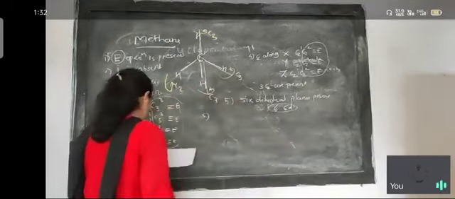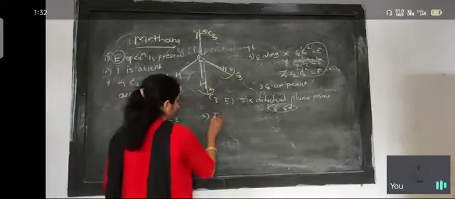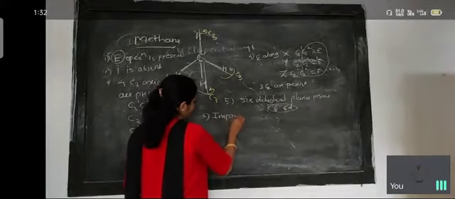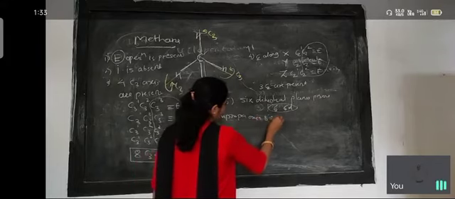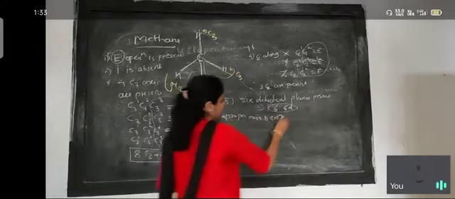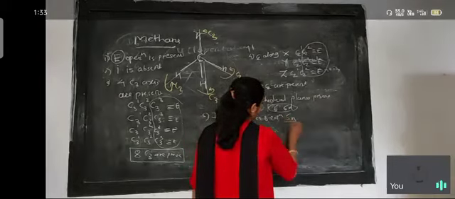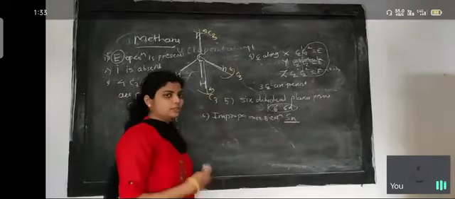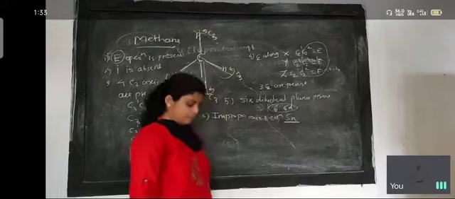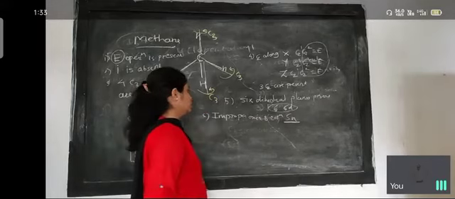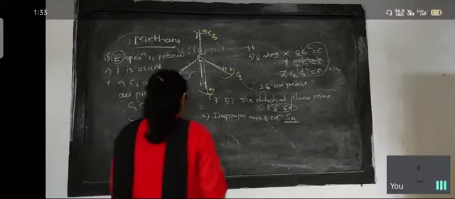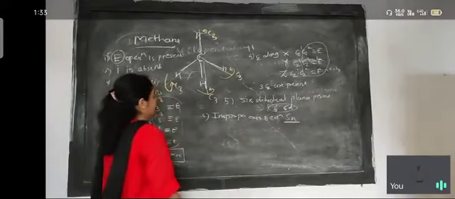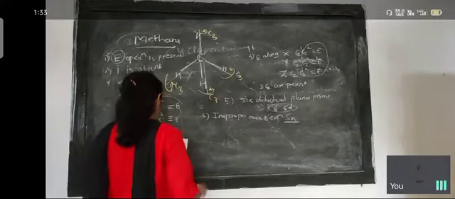The next one is the improper axis of rotation. The symbol of the improper axis of rotation is Sn. Rotation followed by reflection, and reflection followed by rotation, that is called the improper axis of rotation. Here again in methane, S4 is the principal axis. S4 means what here?